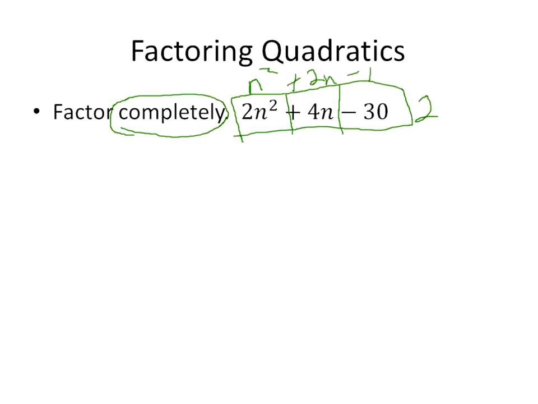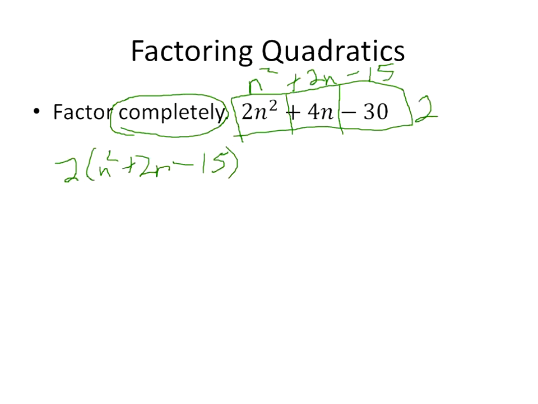And if I say negative 15 times 2, that gives me negative 30. So my first factoring is not using the generic rectangle and diamond like we did before, but seeing if there's something in common that can be divided out from each of those. So I'm going to rewrite this as 2 times n squared plus 2n minus 15.